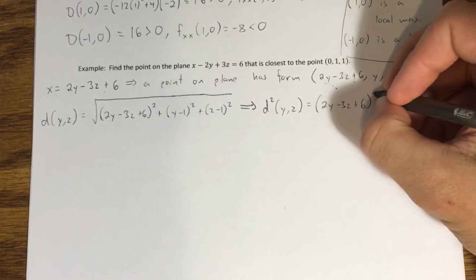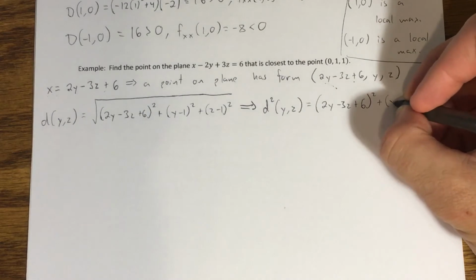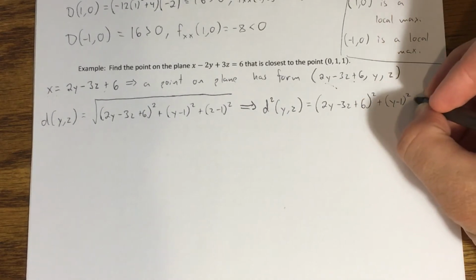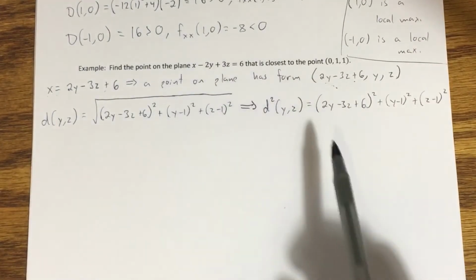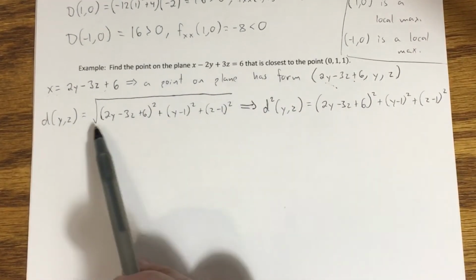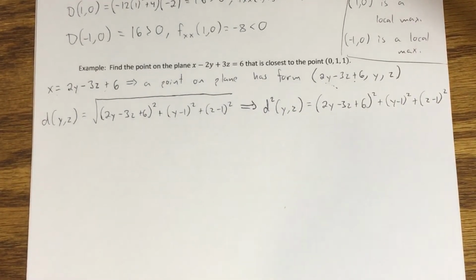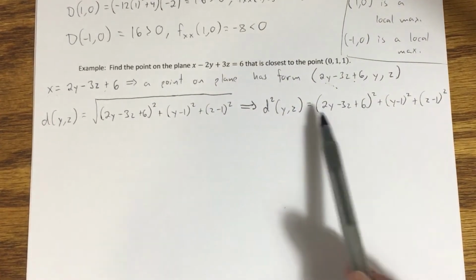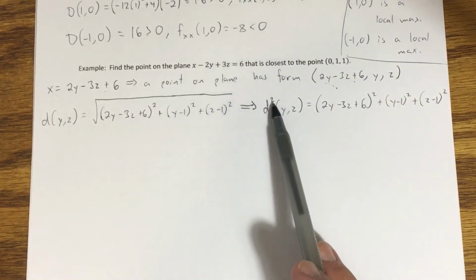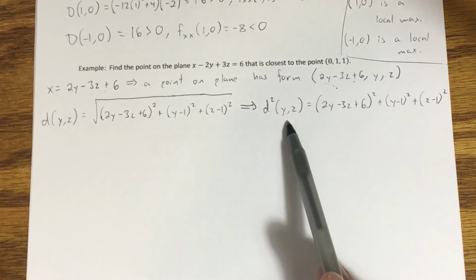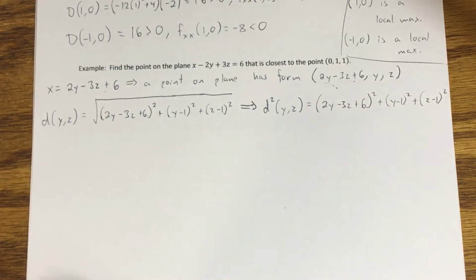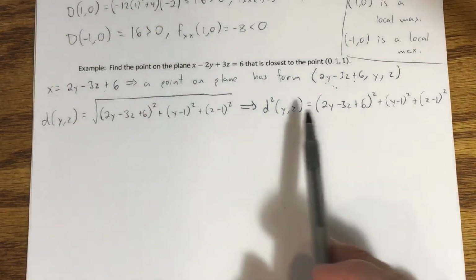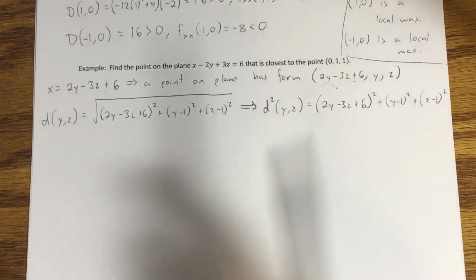And think about that logically for a second. We actually use this idea in Calculus 1 sometimes for similar optimization problems. Whatever minimizes this function will also minimize this one. Because if I find the smallest squared distance between a point and a plane, the same point would give me the minimum distance. I feel like I'm talking in circles, but hopefully intuitively that makes sense. Let's minimize this function now.